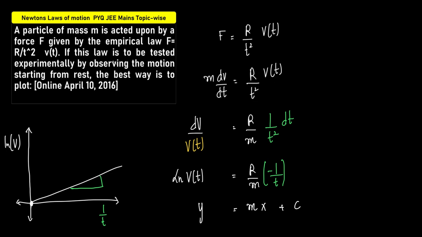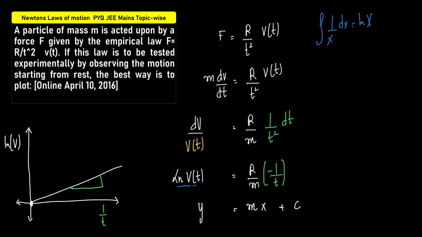So I'll keep dv here, and I'll bring v of t to the LHS. r by t square into dt, and I'll bring m to the RHS. So we have r by m into 1 by t square dt. Now, what is the integral of 1 by x dx? It is log x. So we have log v of t here.